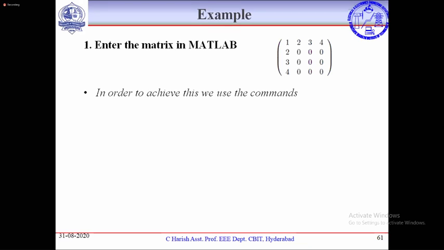Are you listening? Just tell me yes or no. Yes, sir. Have you got my question? I want to create this matrix. What are the possible ways if I want to create this matrix?